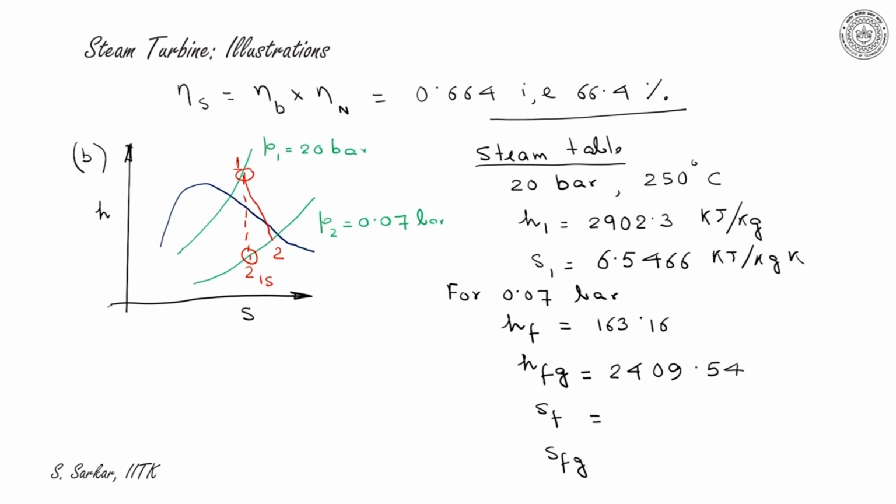SF I've got 0.5582 kilojoule per kg per K, and SFG as 7.7198.